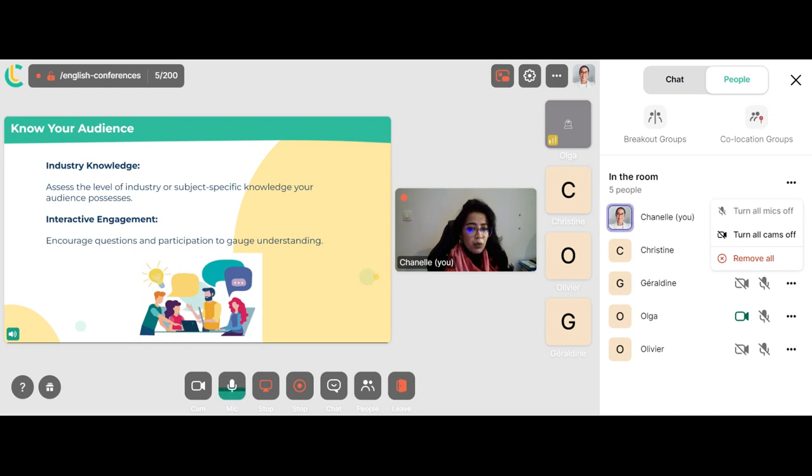When we talk about knowing our audience, it's important to have industry knowledge. So, knowing who your audience is, understanding your market, understanding your products, if that is your specialty. We need to assess the level of industry or subject specific knowledge your audience possesses. We also need to have interactive engagement. When we understand our audience, we understand how they will answer questions, and we need to encourage questions and participation to gauge understanding.